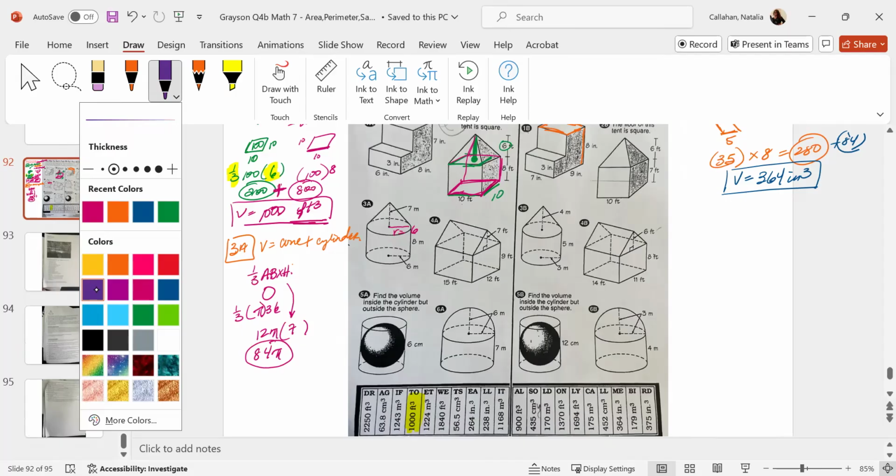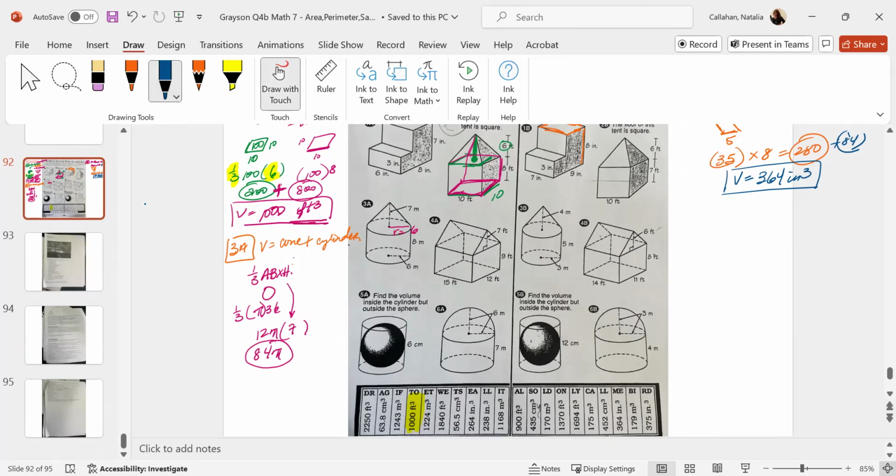How do you find the volume of the cylinder? Area of the base times height. Again, the area of the base is still the circle, right? Didn't we just find that from the last one? The area of the base was 36 pi, right?